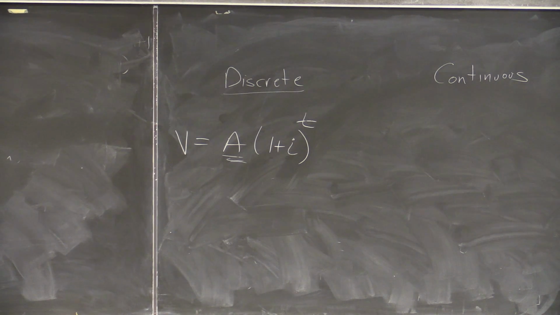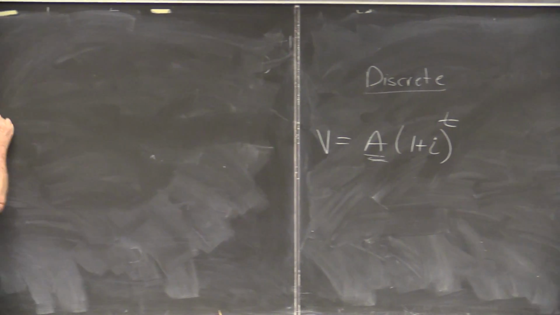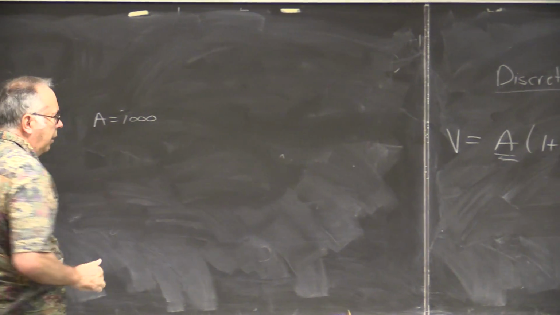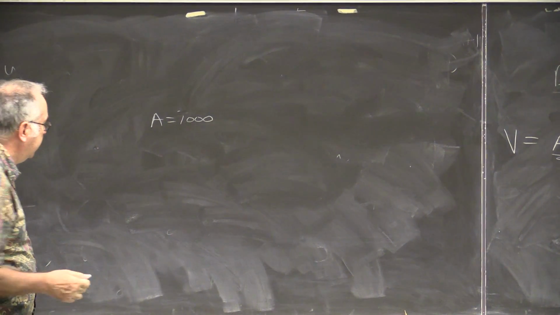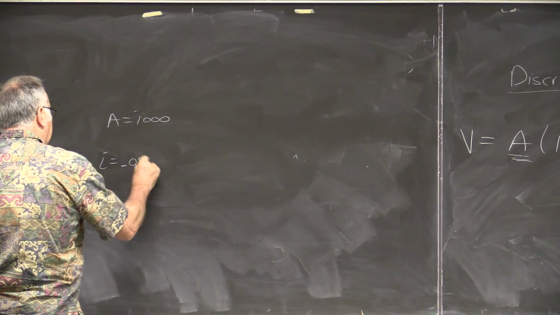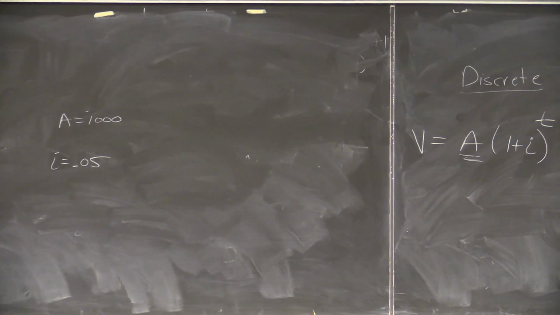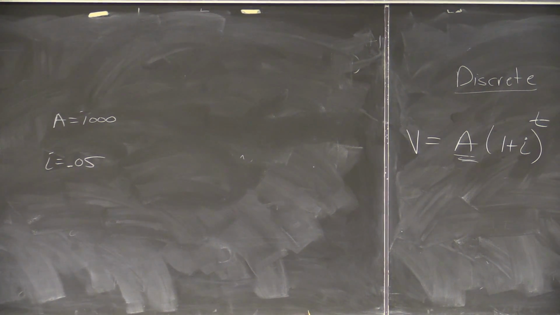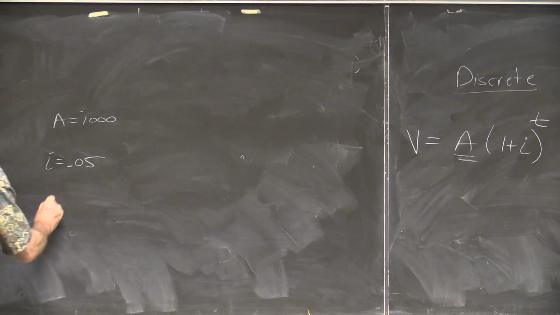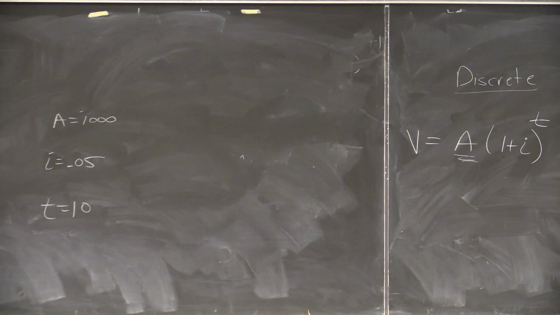Let me just give you an illustration. Suppose you start off with $1,000 right now. That's your A value. Suppose the interest rate is 0.05. How much would your money be worth if you leave it in the bank for 10 years? What would your $1,000 be worth in 10 years?